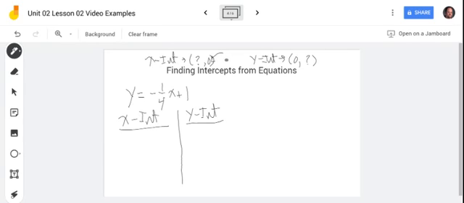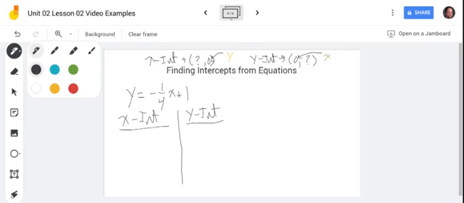Notice this something is your y value, and this 0 is your x value, and that's the key. So what I'm going to do is replace the variable with a 0 for the one I don't need to find. I want to keep the variable.